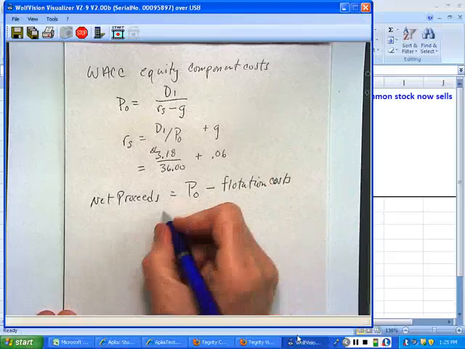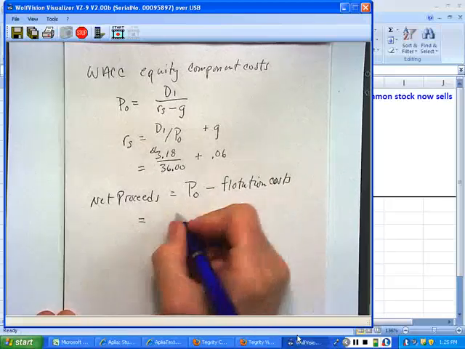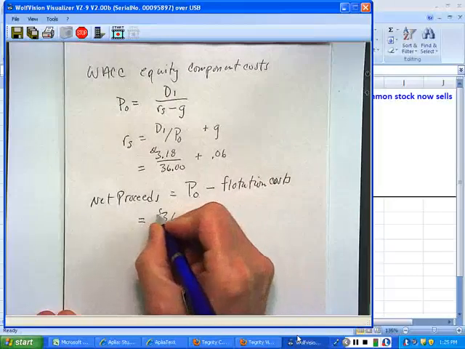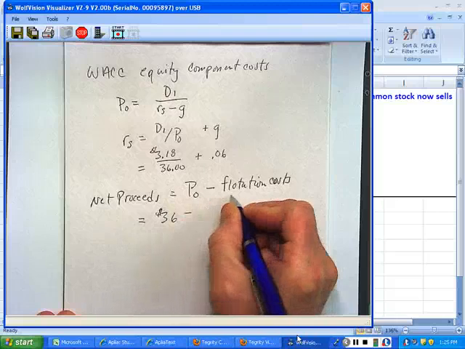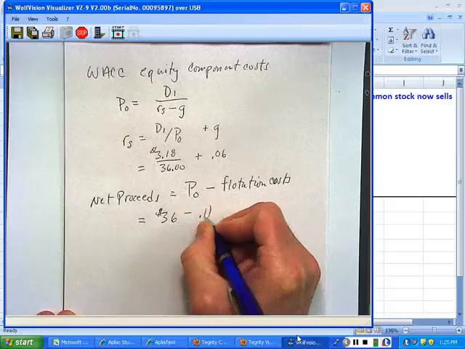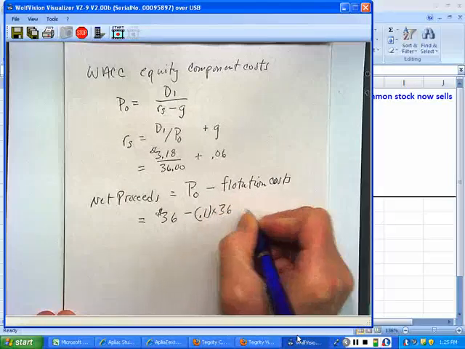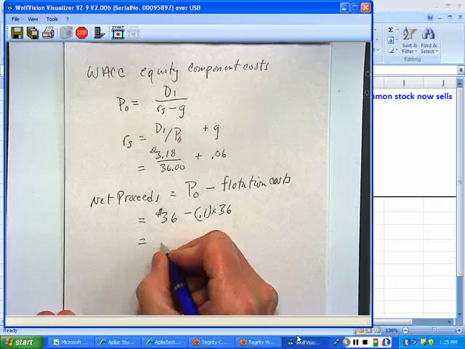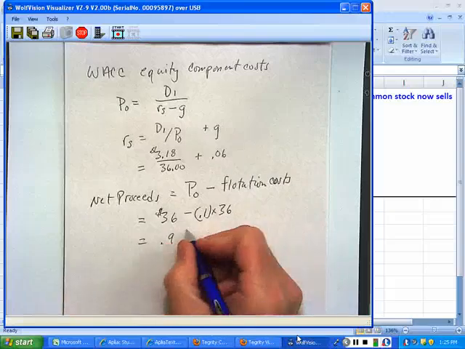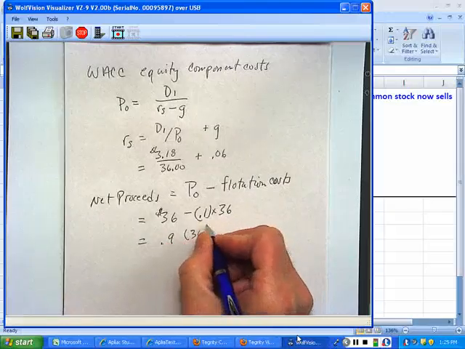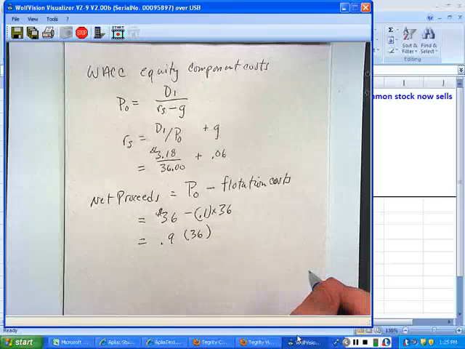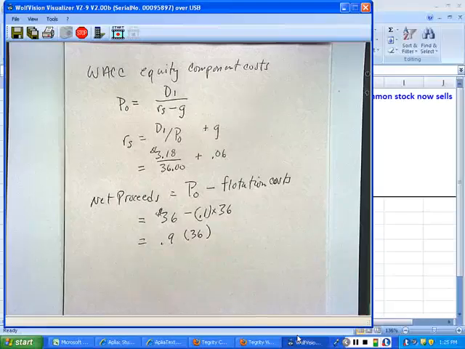We only get to keep the net part. So what we have here is a price of $36 minus flotation costs, which are 10% times the $36. So all we're going to get is 90% of the $36 price, and that'll give us our net proceeds.